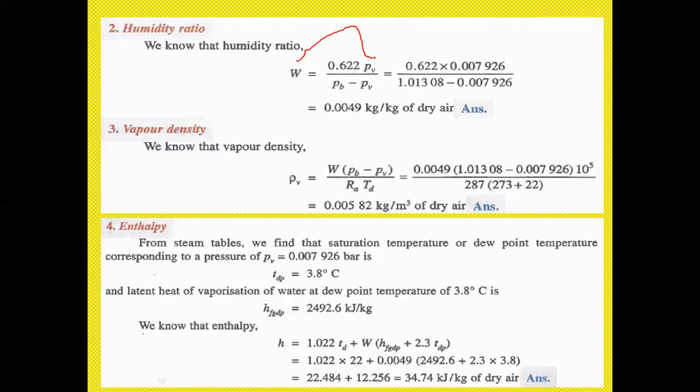Now, what is the thing to find? The enthalpy. The enthalpy from the steam tables, we have to find the saturation temperature. For that, we have to get the value of PV from the steam tables. PV is equal to 0.007926 bar.